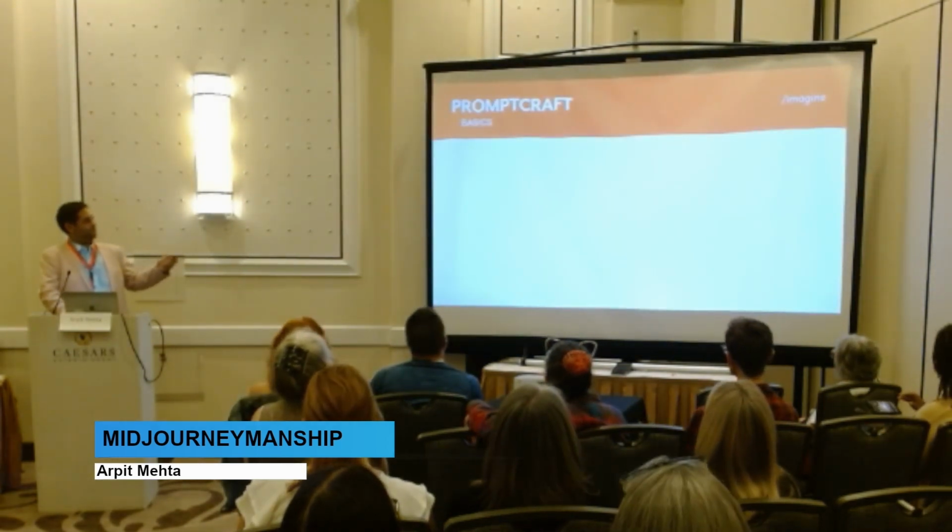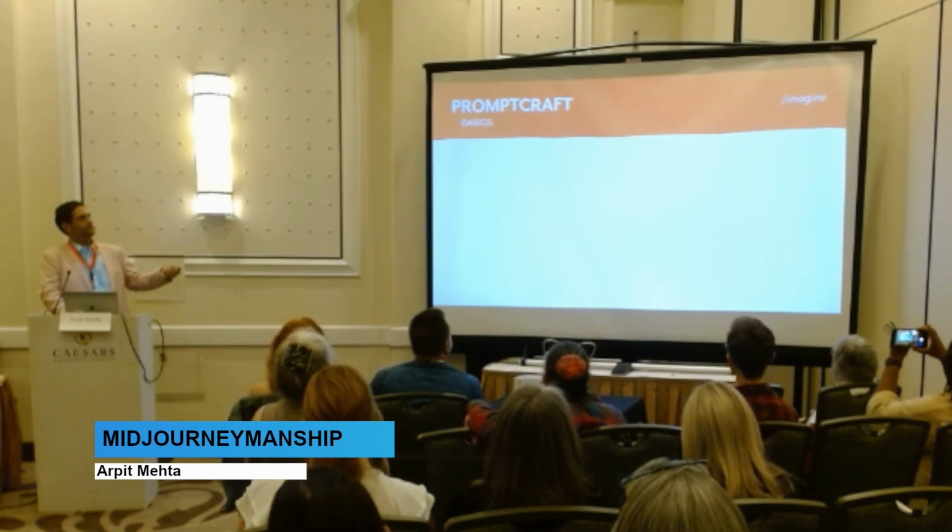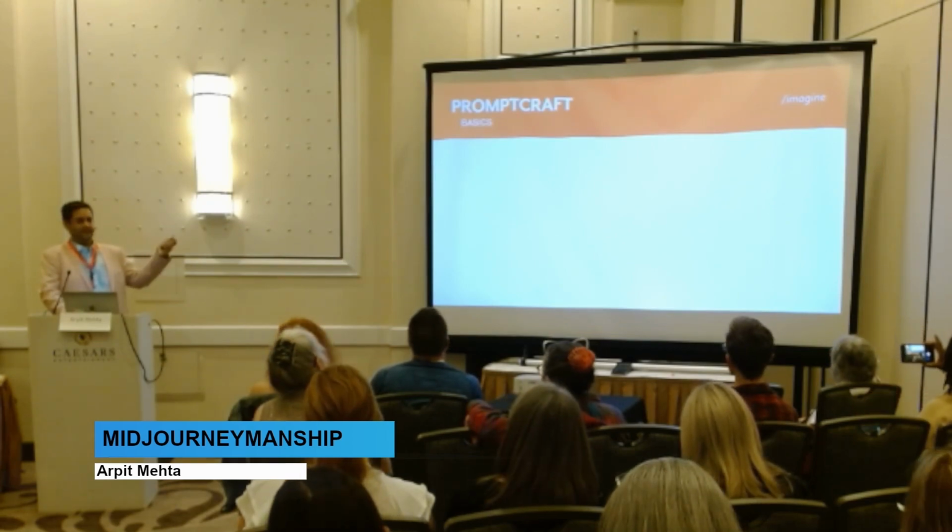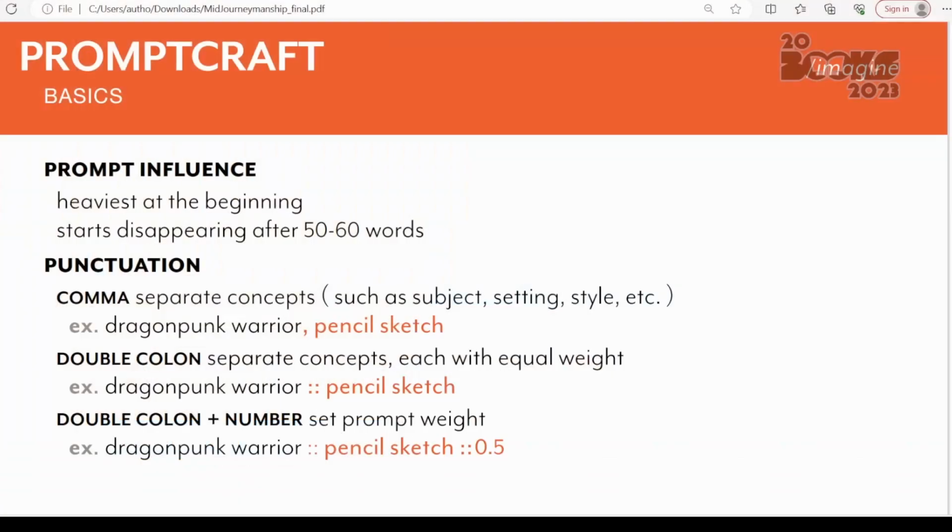So we're at prompt craft, and that's where it's /imagine, and that's when you put in a prompt. Prompt influence, word influence: whatever you put in up front will have the heaviest influence on your generations.